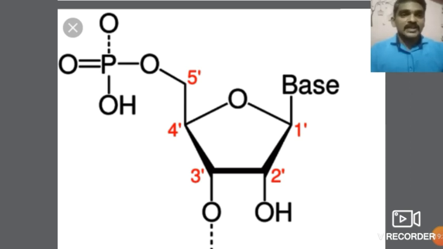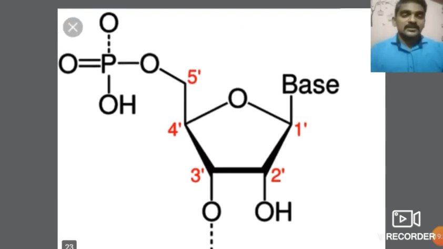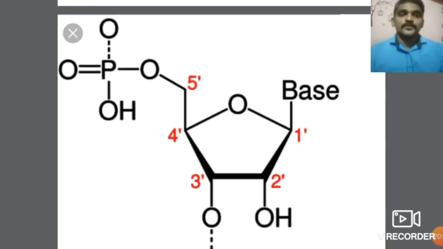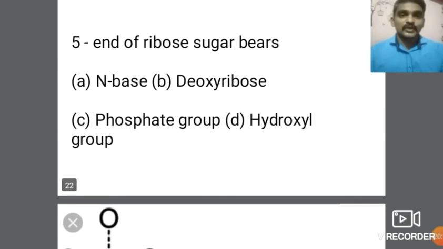It may be adenine, guanine, cytosine or uracil, because it is RNA, so uracil will be there in the first position. The second position will have OH, and at the third position another nucleotide will come and join, that is OH. The fourth position will have carbon, and the fifth position CH2 will be there. There the phosphate group will be attached. So at the fifth position of the ribose sugar you can find the phosphate group, that is clearly mentioned here. So the answer will be phosphate group, C.